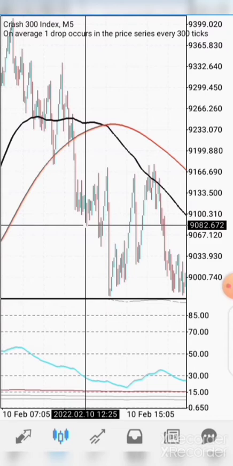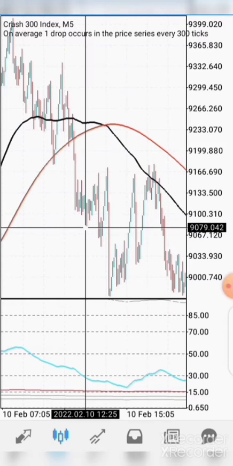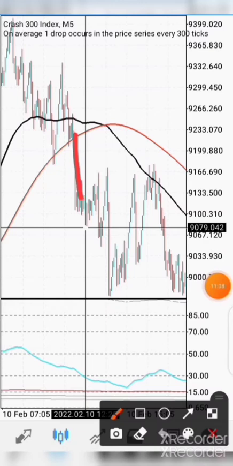Just close your trade to be on the safer side. If I was trading this, I would wait for the price to come to like 15 before I close. But to minimize your loss, close once it comes here. This is what you have gained so far. From this point to this point, I think you've made more than $6, right?